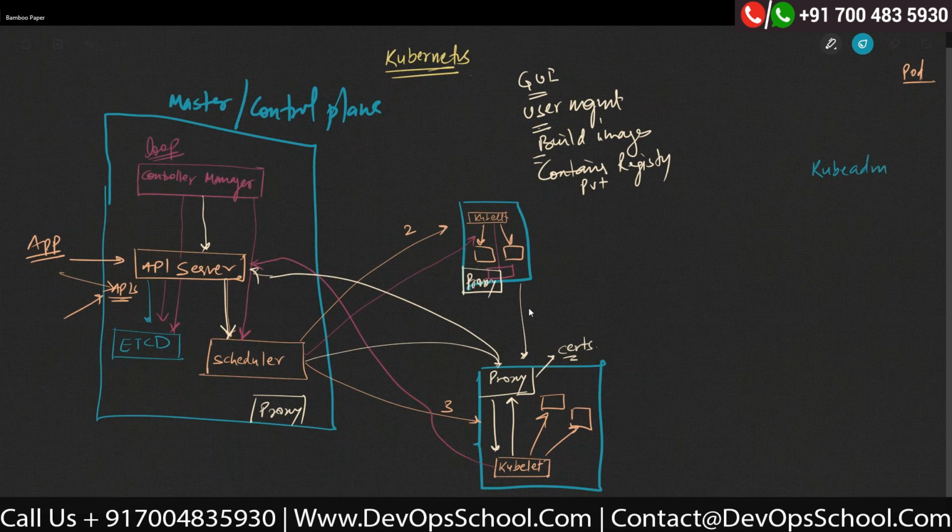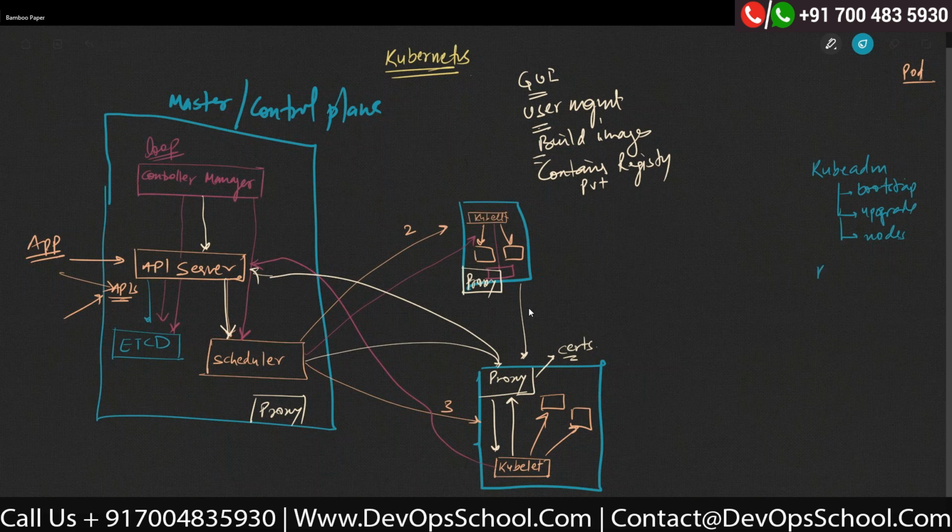Now this tool will be used by the administrators to manage the cluster. So it will be used to bootstrap the cluster, upgrade the cluster. It will also be used to manage the nodes of the cluster. So all admin low level tasks, like the operating system level and the cluster level tasks, are done here.